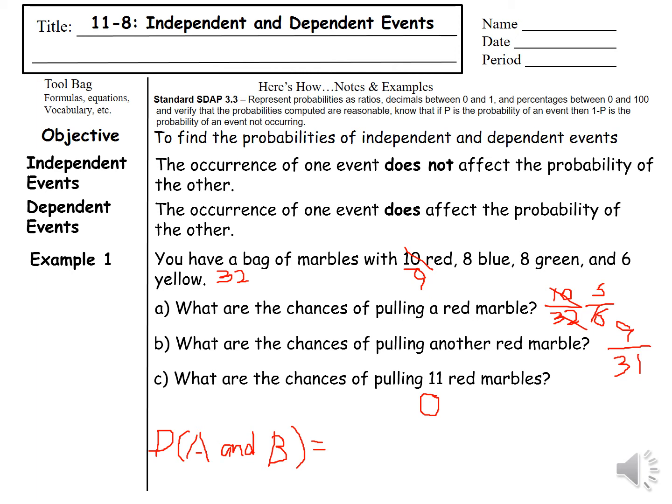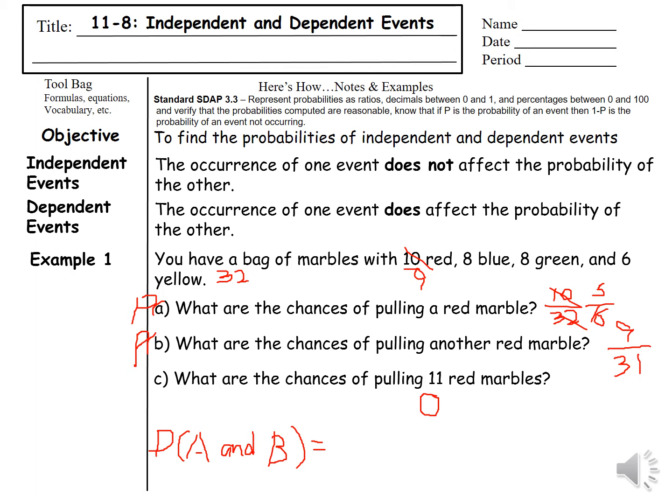Let's say P(A) is the probability of getting a red marble and P(B) is the probability of getting another red marble. So P(A and B) means you pick 2 times without replacing, and both times are red.